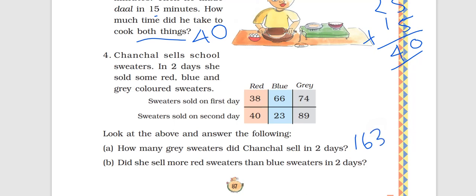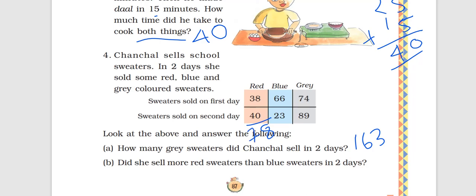The next one is, did she sell more red sweaters than blue sweaters in 2 days? So which one did she sell more? Red sweaters or the blue sweaters? First we need to find out how many blue sweaters did she sell in 2 days and how many red sweaters did she sell in 2 days. So first let's calculate the red sweaters. 38 plus 40. This is mental math, right? 8 ones and 0 ones is 8 and 3 plus 4 tens is 7. 78 red sweaters.